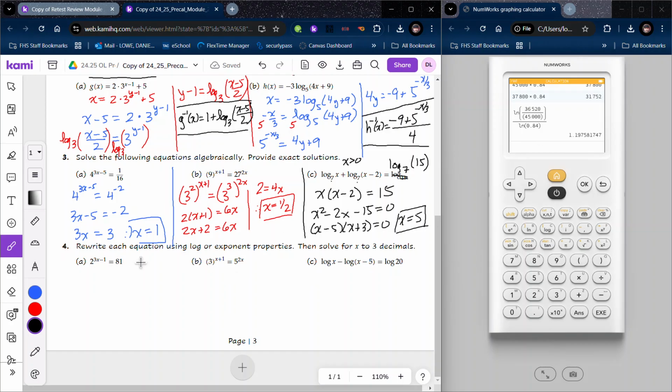So if I'm going to rewrite this using exponential or log properties, what that means is over here, I can take the logarithm base 2 of both sides of this equation, right? Logarithm base 2 to both sides. That's going to give me 3x minus 1 equals log base 2 of 81. Right?